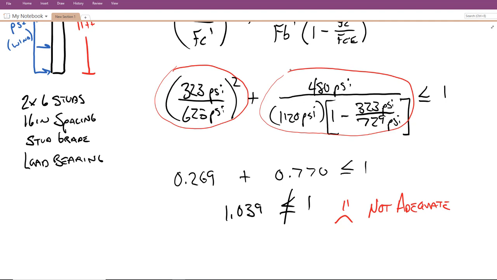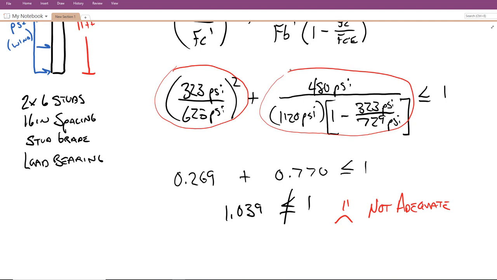There's other ways we could do this by possibly bracing in the strong axis or some other things like that. For this homework, I'm not asking that you give me particular scenarios as to how to fix this. We're just simply calculating whether or not it's adequate. However, you should be able to talk generically about what's happening and what our options are.